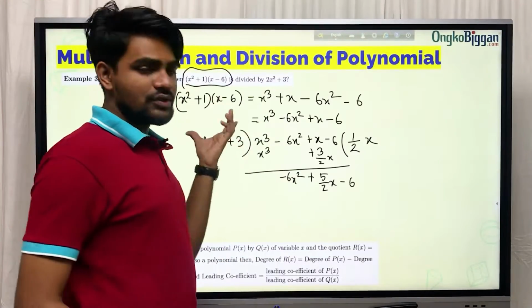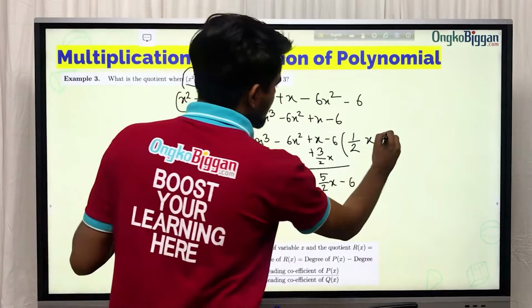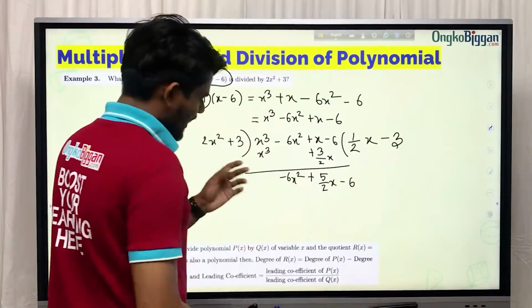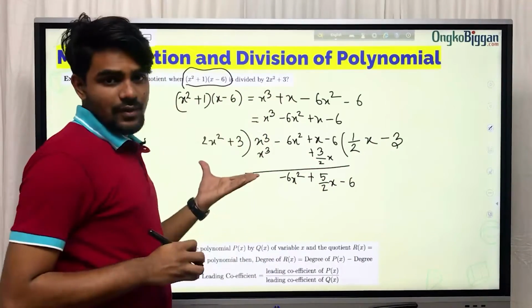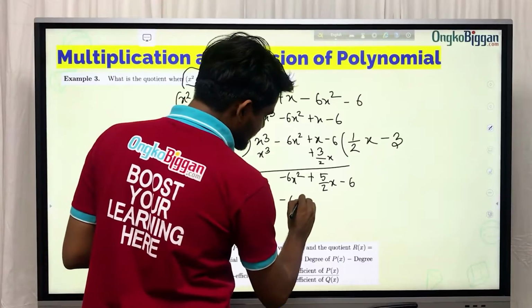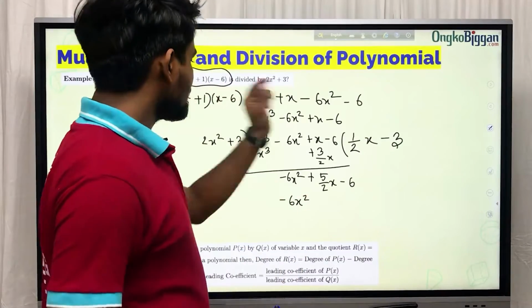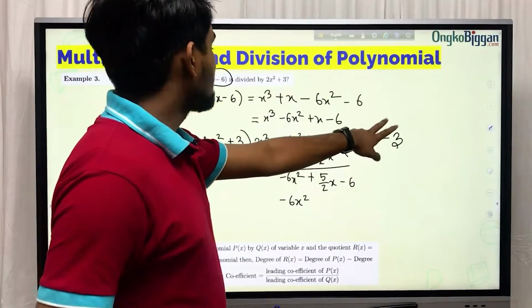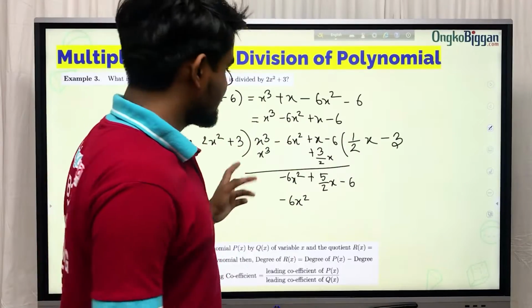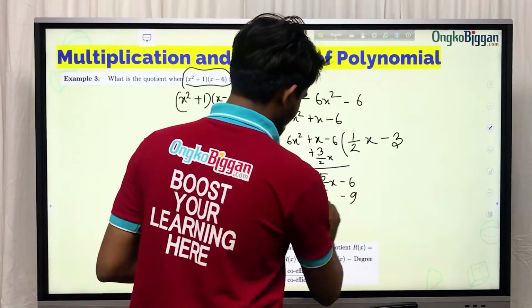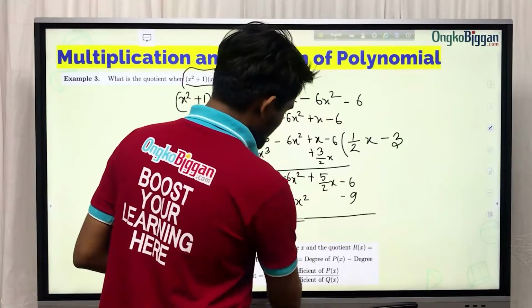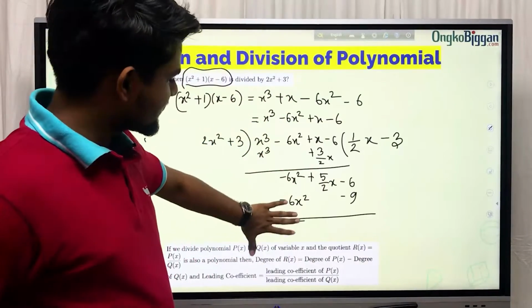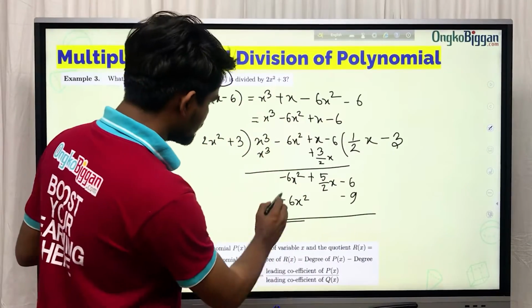So the most logical thing is to multiply it by minus 3. Minus 3 into 2x square is equal to minus 6x square. And 3 into minus 3 is minus 9.